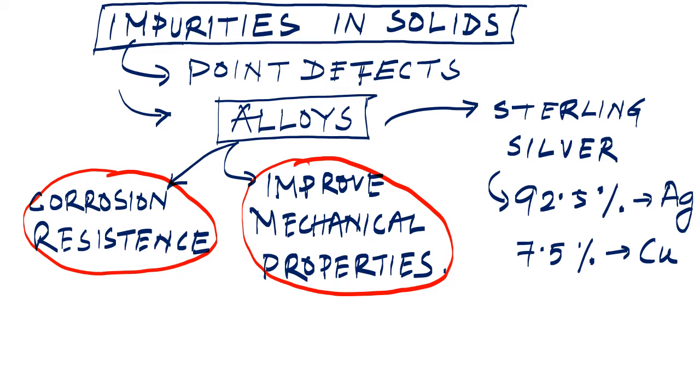Now, if I am talking about alloys, mostly a metal will contain another metal, which means we are talking about one solid mixed with another solid. So it is basically a solid consisting of both solids, right?